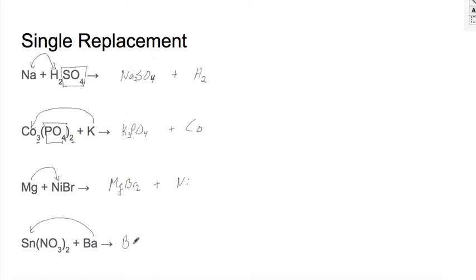Barium goes with the nitrate, and tin is by itself. Barium is a positive 2 charge when it forms ionic compounds. Nitrate is -1. So we have to have that. And this is the first time where we had to use parentheses. If we have more than one of those polyatomic ions, we have to show parentheses, and then the 2 goes outside.